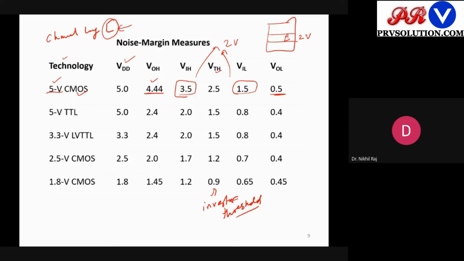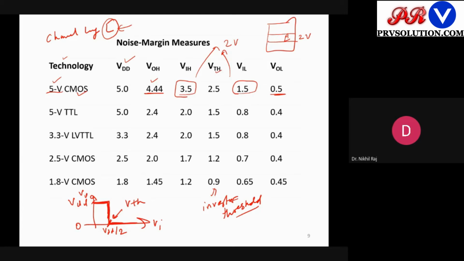If I say an ideal inverter is there, then this should be the curve, Vi and Vo. This should be my curve of an ideal inverter. If this is 0 and this is VDD, what should be this voltage? The change in the voltage should occur at VDD by 2. So for an ideal inverter, this is your VTH, the inverter threshold voltage.